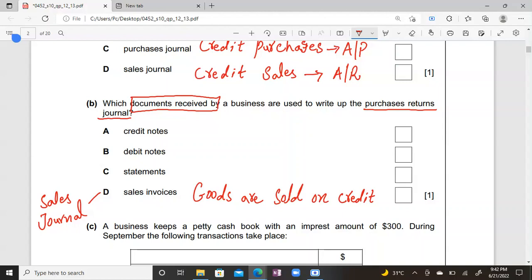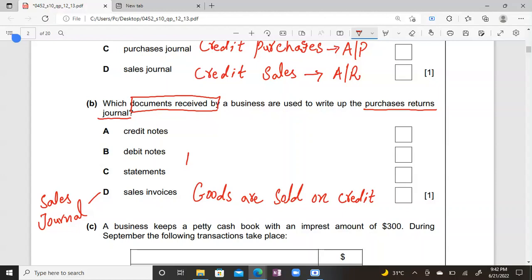Debit notes. A debit note is again not recorded in any journal, because generally when the goods are returned by the credit customer, they issue a debit note to the seller.